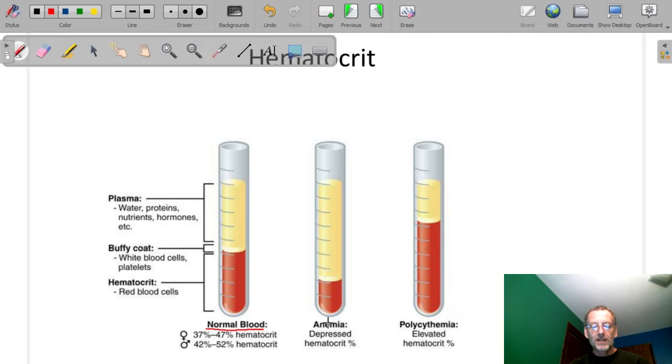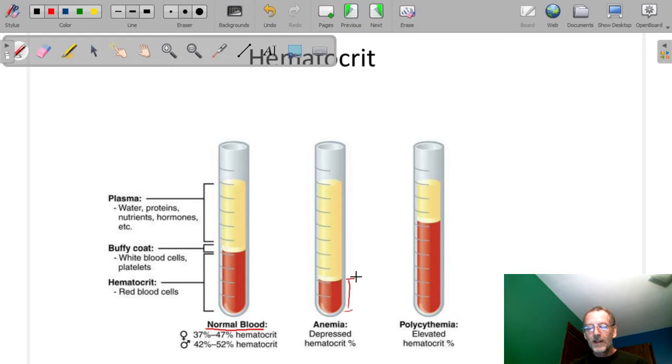If there are insufficient red blood cells, so here there's a depressed hematocrit, the hematocrit is lower than it should be, that's a type of anemia. You don't have as many red blood cells to carry the oxygen in the blood. And there are many types of anemia.